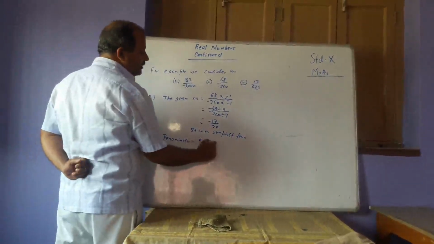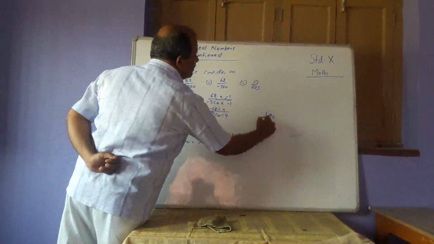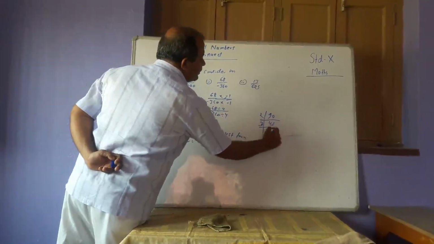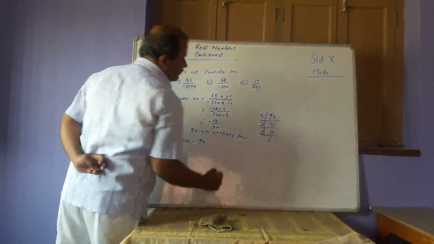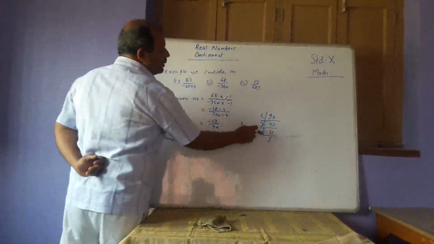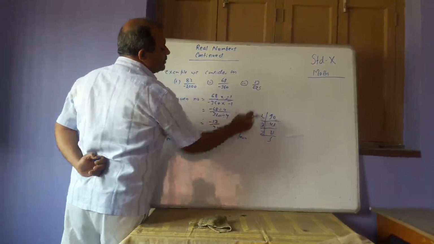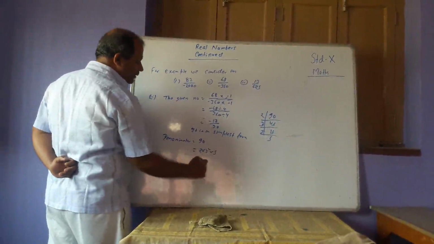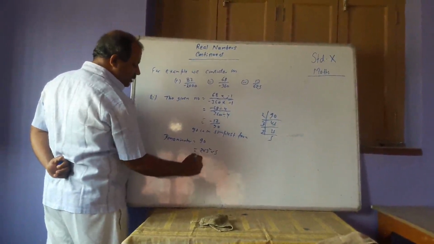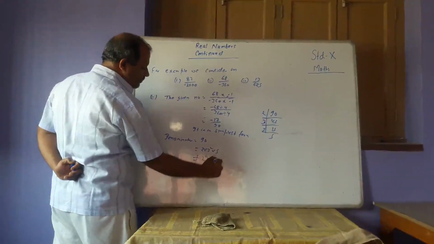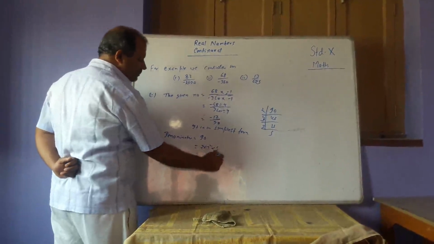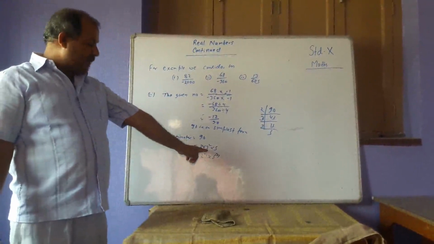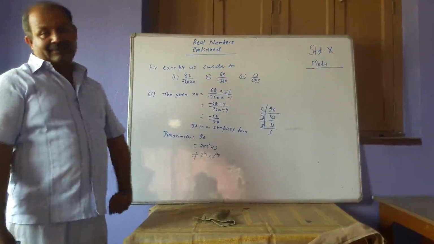It is 90. We have to do the prime factorization. 90 divided by 2 is 45, 45 divided by 3 is 15, 15 divided by 3 is 5. It will give 2 into 3 square into 5. It is not of the form 2 to the power m into 5 to the power n, because here there is 3 as a prime factor, which is other than 2 and 5.